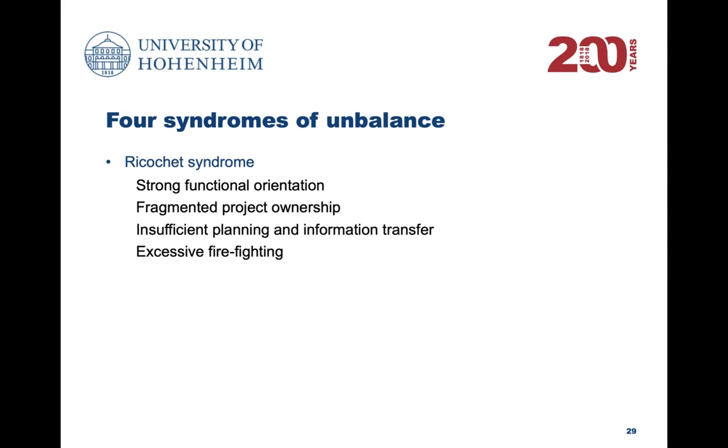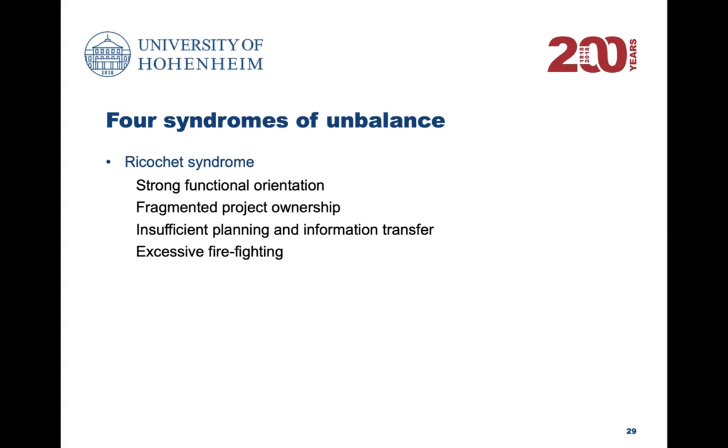And the fourth syndrome, the ricochet syndrome, is again strong functional orientation. So if you have a phase review process where you basically give the baton of the project from one function to another, you have very fragmented project ownership. One could lose the overall big picture.